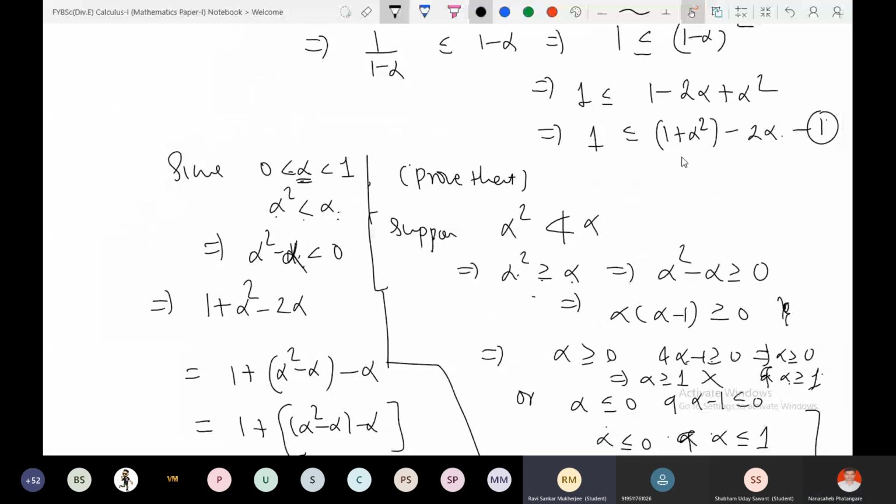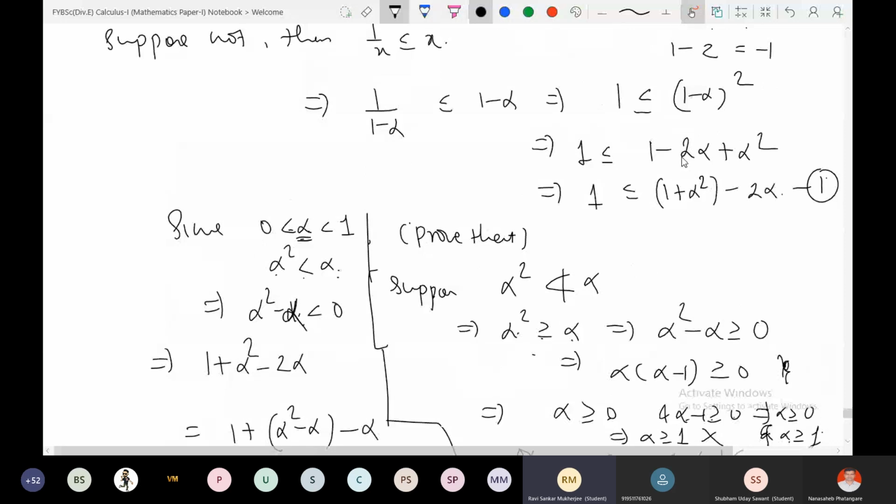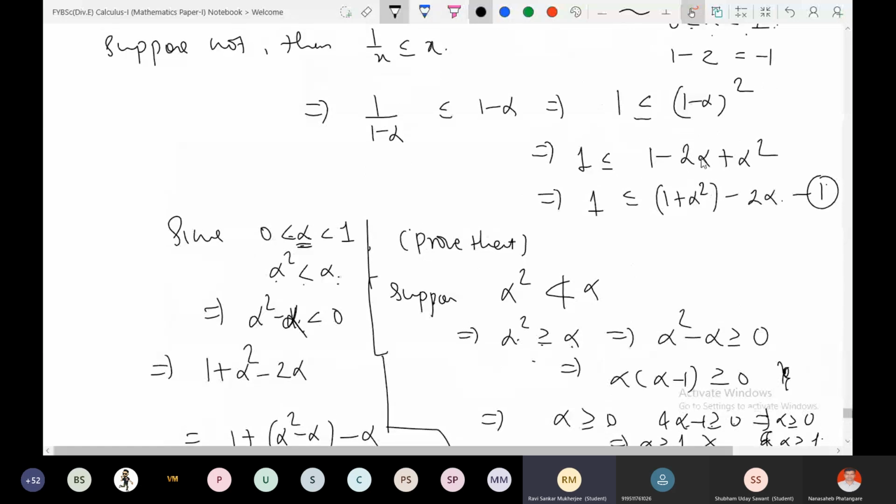In the previous line we are seeing that 1 is less than 1 minus 2 alpha plus alpha square. If we subtract 1 from both sides, then we get 0 is less than or equal to minus 2 alpha plus alpha square. So from that we get 2 alpha is less than or equal to alpha square. That is also right.